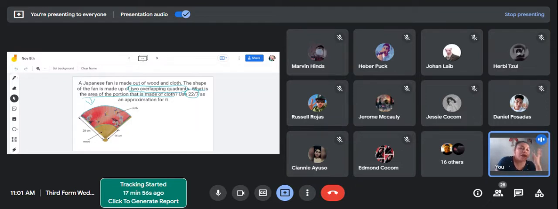How would I go about solving this question? What do you need to know or what do you need to do? Don't worry about the complexity, but what is it that you need to do? What are the steps that I need to take to find the area of that piece?